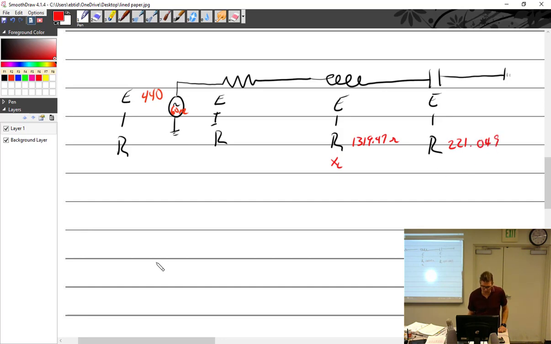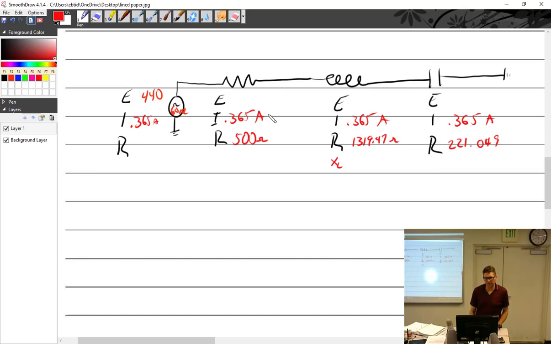And we just got the I, which is 0.365 amps. R is 500. All right. So now we can solve for the voltage drop of R, L, and C.